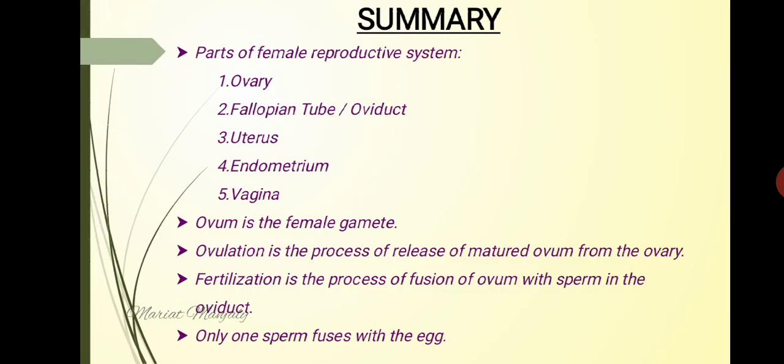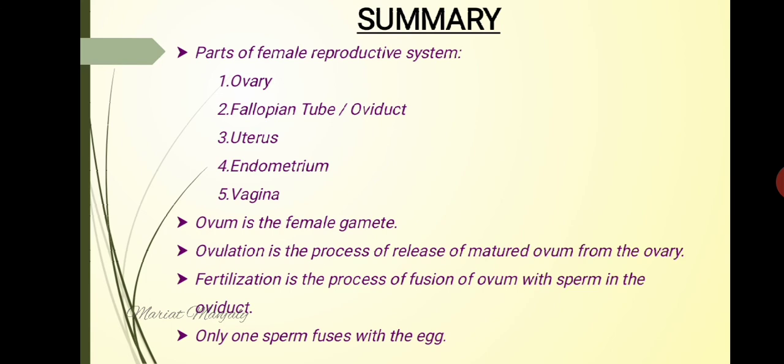As we sum up today's points, we discussed the topic of the female reproductive system and the fertilization in human beings. The main parts of the female reproductive system are ovary, fallopian tube or oviduct, uterus, endometrium and vagina.